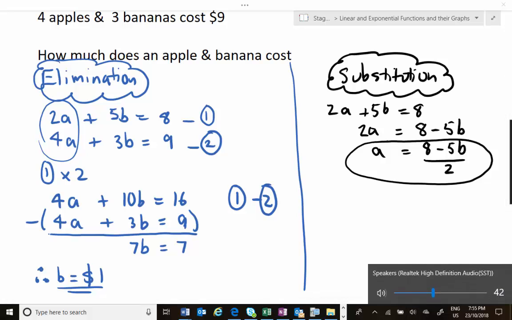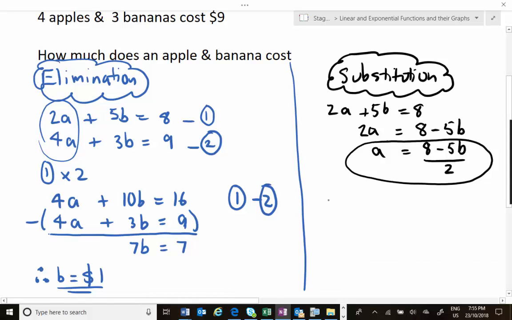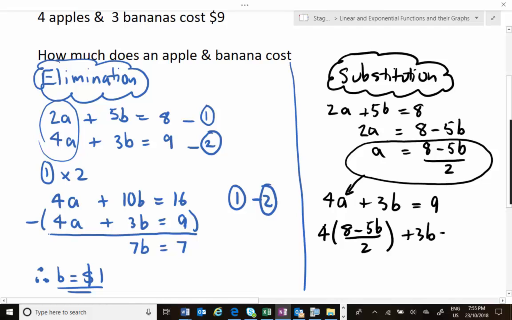Then my next equation is 4a plus 3b equals 9. If I substitute that value in, I'm going to have 4 lots of (8 take 5b) all over 2, plus 3b, equal to 9.